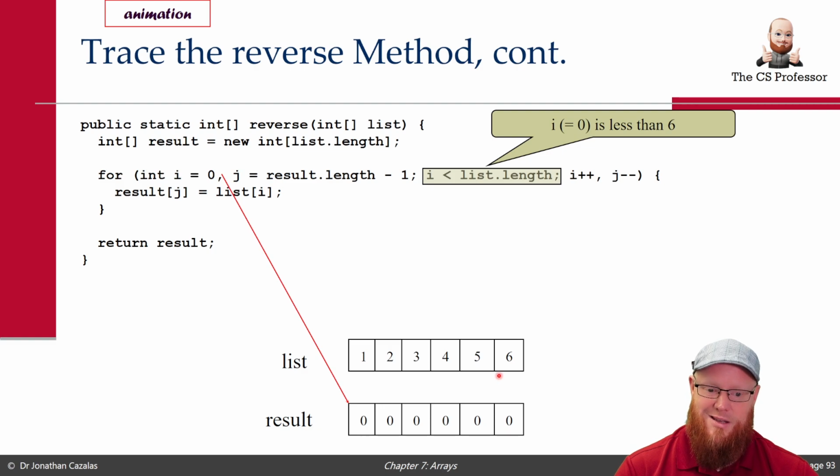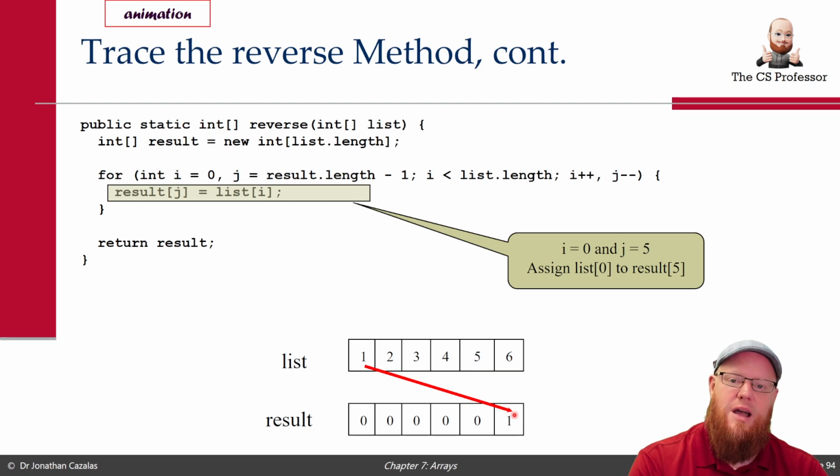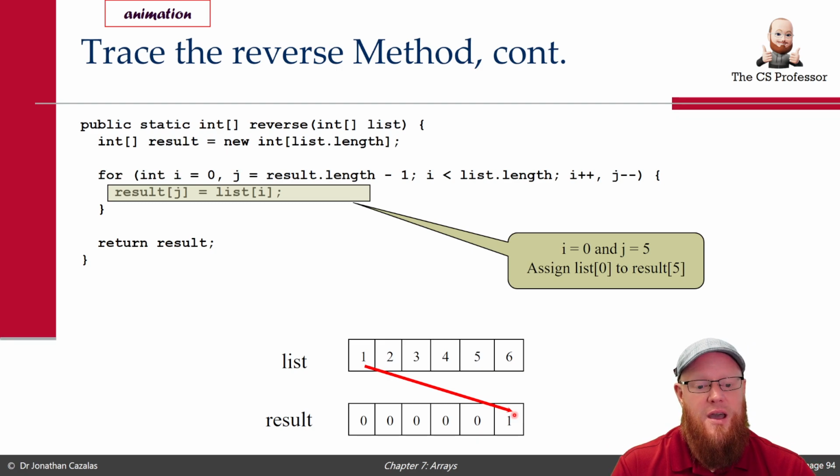Is i less than 6? It is. What do we do? Take index i of the list, and i is 0, and save it over here to result at index 5. This is the consequence. The 1 got saved over because we're reversing it. The 1 at index 0 of list got saved over to index 5 of result.